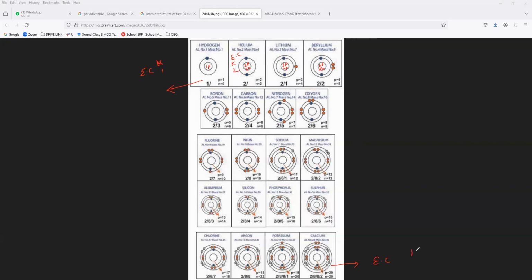Everybody. KLMN, 2, 8, 8, 2. Understand? Suppose sulfur, what is the electronic configuration? KLM, 2, 8, 6. Okay. Please respond. Like that, you should write at the bottom itself.